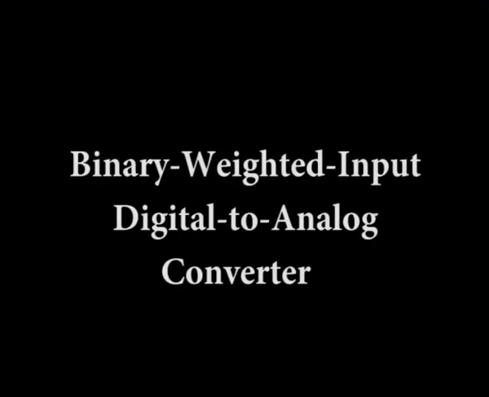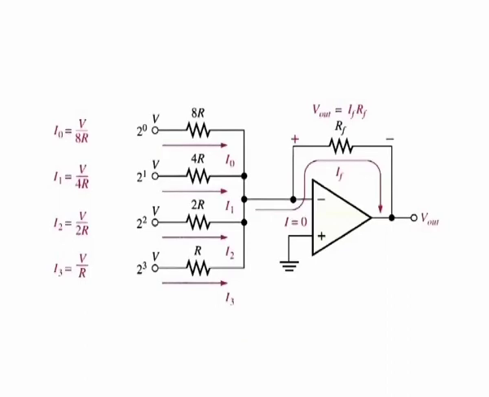Binary weighted input digital to analog converter. One method of digital to analog conversion uses a resistor network with resistance values that represent the binary weights of the input bits of the digital code. The figure shows a 4-bit DAC of this type.